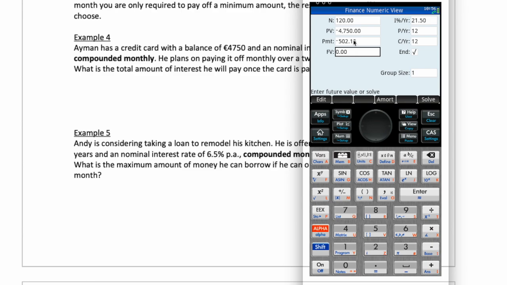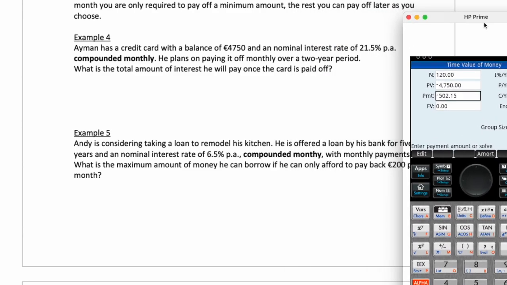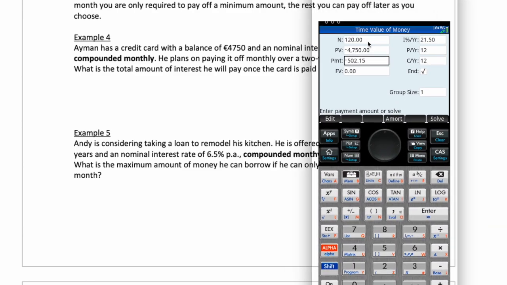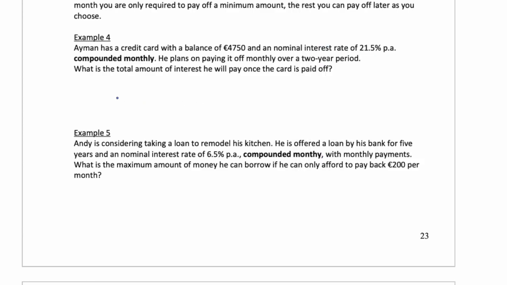Future value is going to be 0. Number of payments, 2-year period monthly, so you can do 2 times 12 here. So you can get the payments by simply clicking on solve here, and you get 245.25.